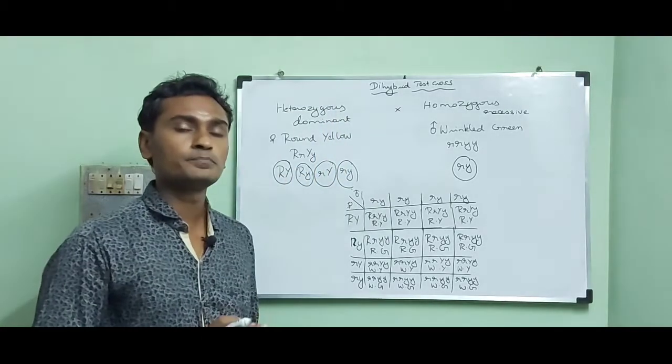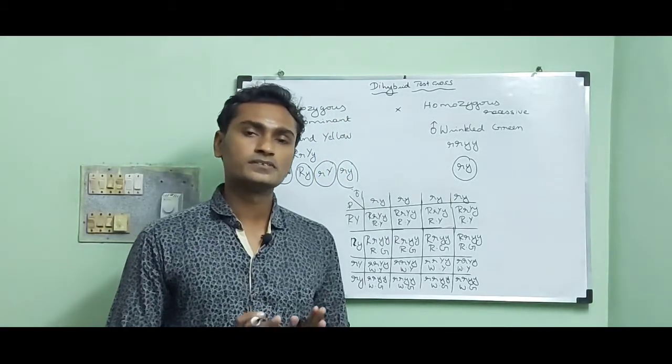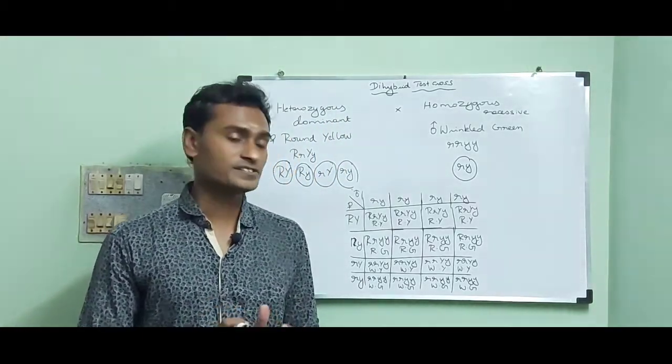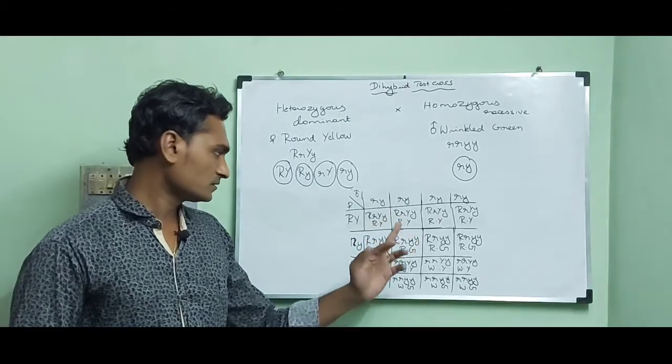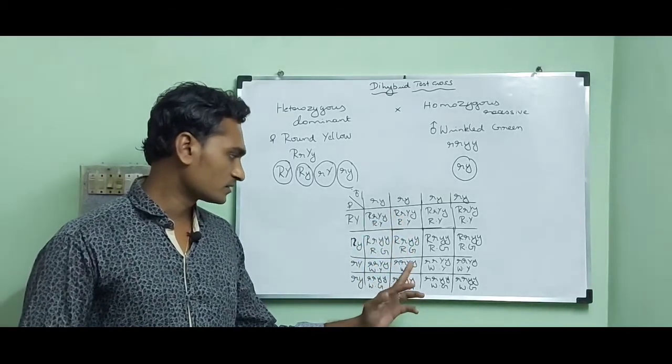We see the appearance of all four possible phenotypes in the ratio 4:4:4:4.